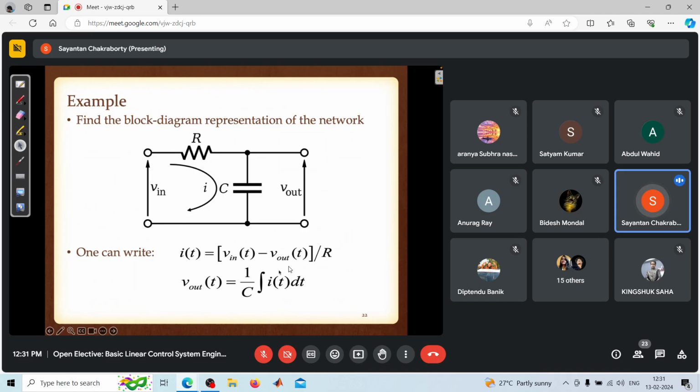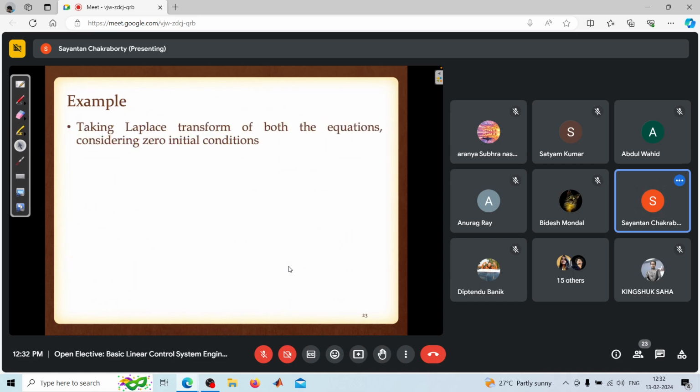These are the two important equations that represent the function of this RC circuit. Then you take the Laplace transform of these equations, assuming zero initial condition. You'll get I(s) equal to (V in(s) minus V out(s)) by R, and V out(s) equal to I(s) times 1 by Cs.